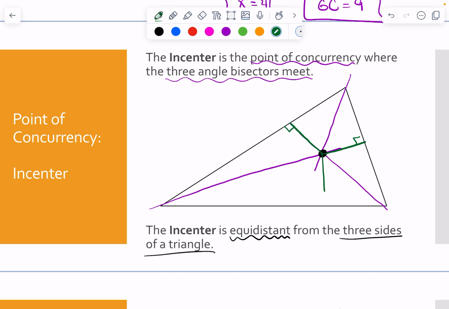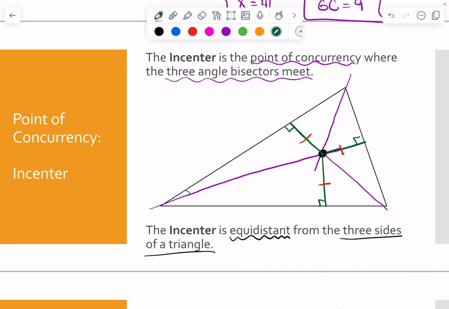And it's going to be perpendicular to the other side here. And those three measurements would all be the same. Okay? Now, notice that is not a perpendicular bisector because it's not bisecting the other side of the shape. It's just coming in at a perpendicular.